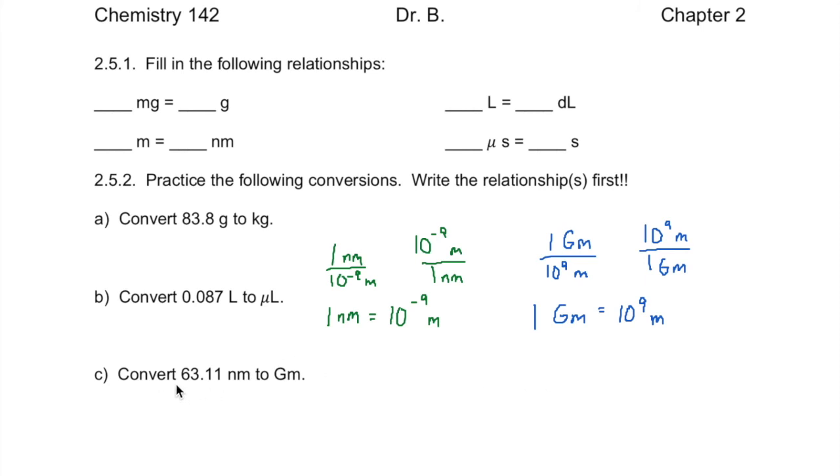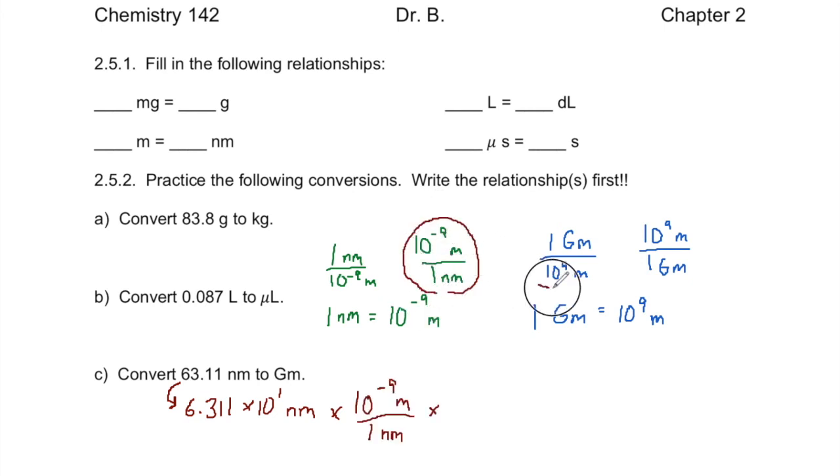And I think before I start, I'm going to go ahead and put this in scientific notation already. Here we have 63.11 nanometers being equal to 6.311 times 10 to the 1 nanometers. Next, we need this conversion factor to convert from nanometers to meters. And then we need this conversion factor to convert from meters to gigameters.